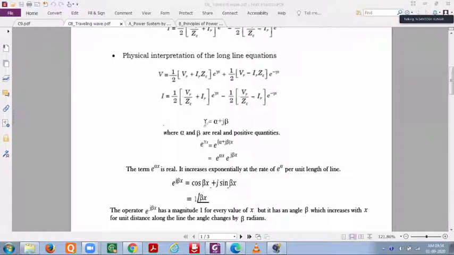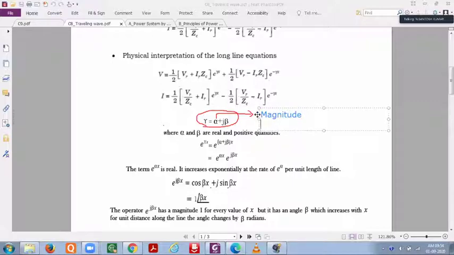The point here is your alpha, when we move as the distance, that is when we are moving from sending end to receiving end, what happens to your alpha? It will change in magnitude only. Already we made these conclusions. Alpha will be changing in magnitude. There won't be any change in angle because it is a real term.